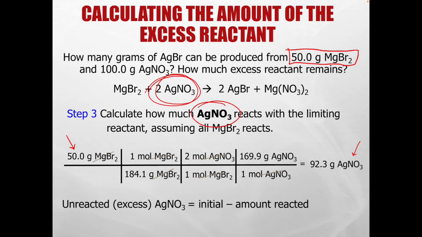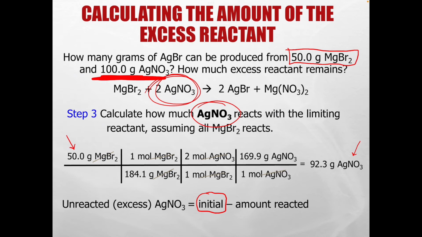Once we do that, we can figure out our amount that's going to be left over. The calculation is: how much did we actually start with? Our initial amount is given in the problem. We started with 100 grams of silver nitrate at the beginning.